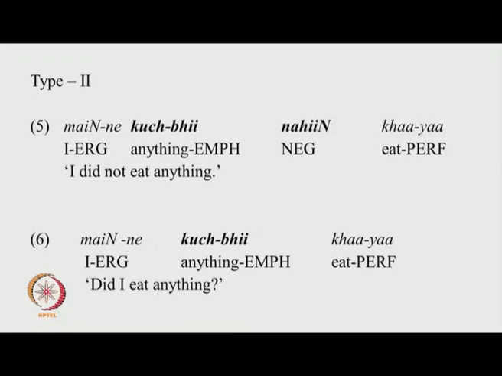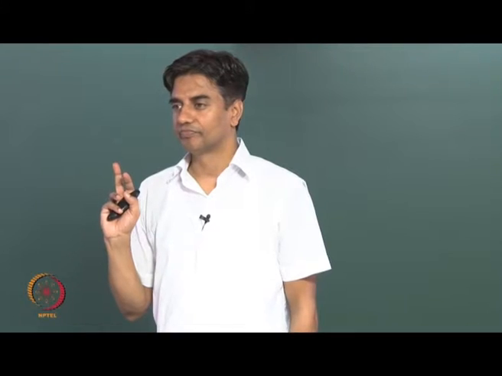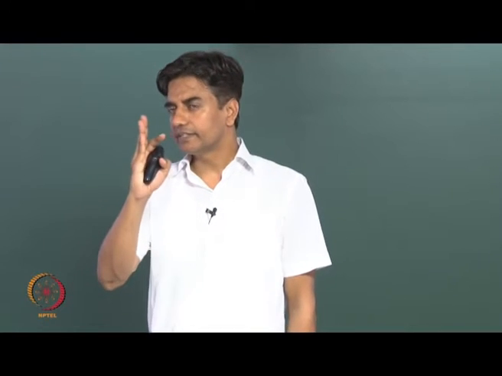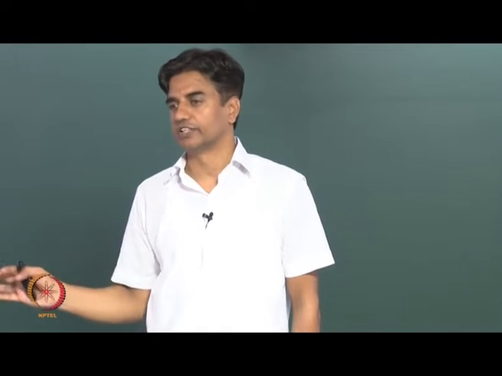In the second type, which is the one on the screen right now, a sentence is possible without negation, but not with the right interpretation. So we can say this is not a very strict kind of situation, whereas the first type is a very strict situation. You remove negation and everything is out, the meaning is out.